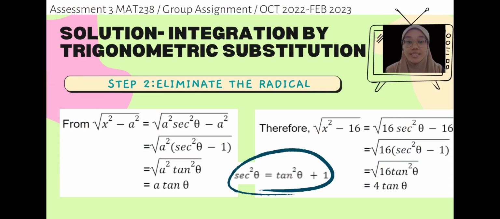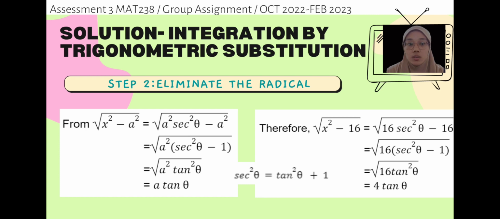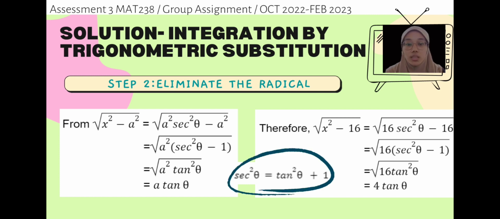Next, for the second step, we have to eliminate the radical. The radical in this question is square root of x squared minus 16. So we can substitute the value of x squared earlier, which is 16 secant squared theta, into the equation. Hence, we will get square root of 16 secant squared theta minus 16.